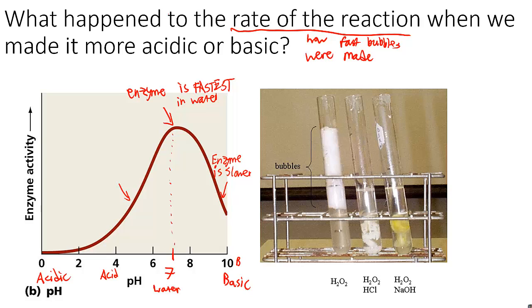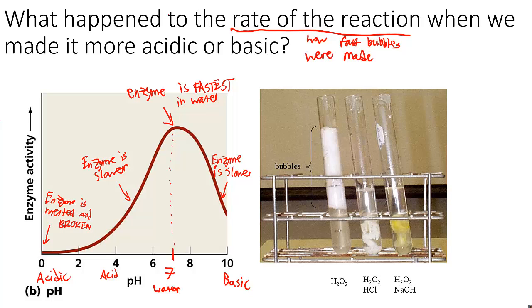Oops, I just showed you that. If you make it into an acid, the enzyme is going to go slower. And if you look over here, way down here, if we make it too acidic, we're going to melt the enzyme. So the enzyme is melted and broken.